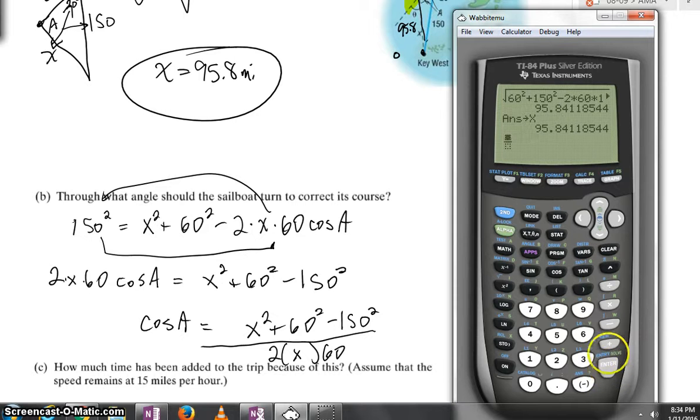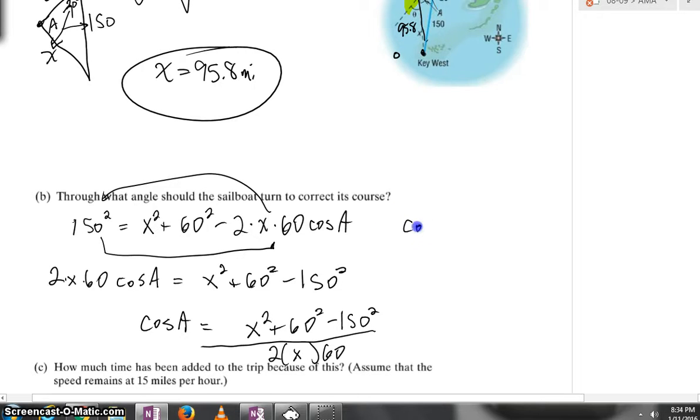You could just go straight to your fraction button here and type in x squared plus 60 squared minus 150 squared. Down below we'll have 2 times x times 60. And you can see that's about negative 0.844, something like that.